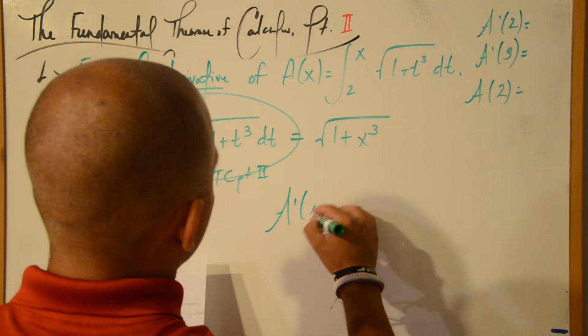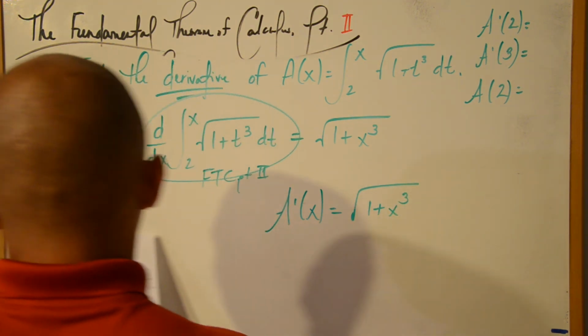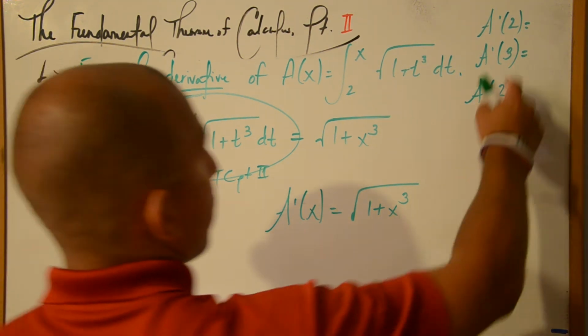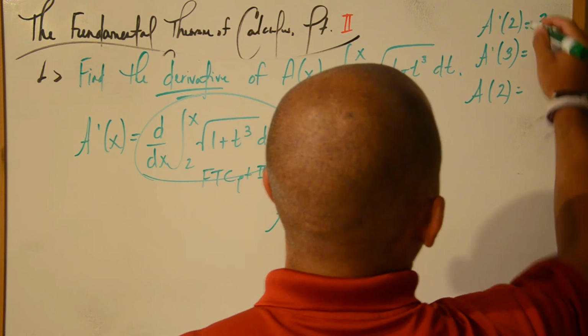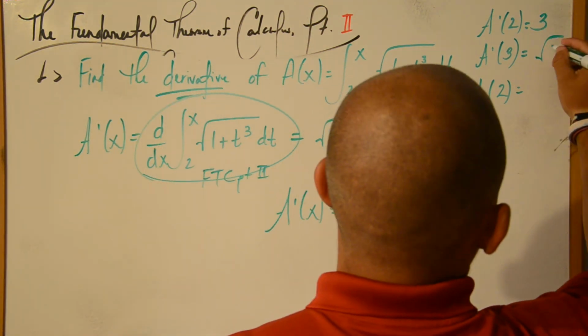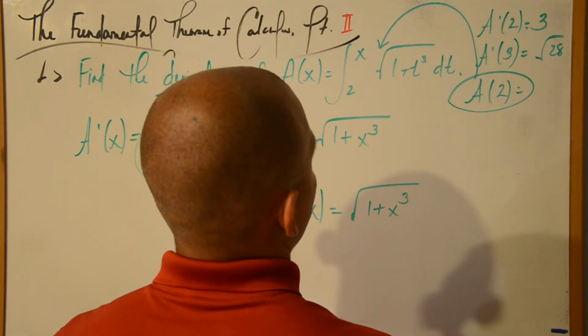So A prime of x is nothing more than this. And we can now substitute in our values. 2 cubed is 8, so square root of 9 is 3. 3 cubed is 27, square root of 28. And then this value gets substituted in back here.